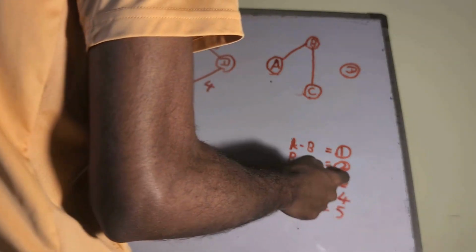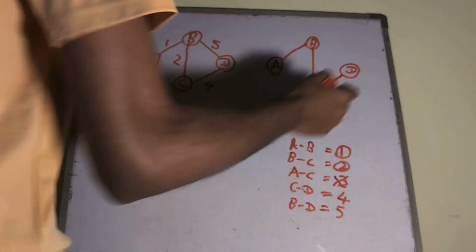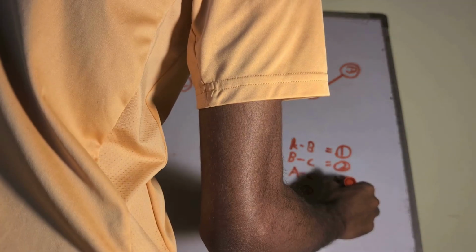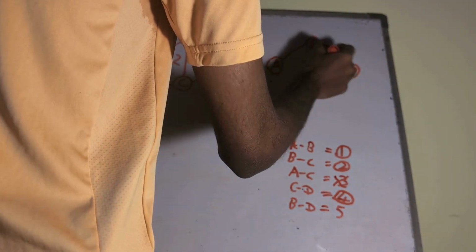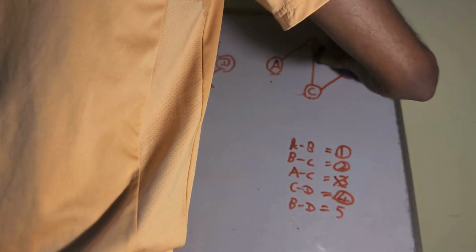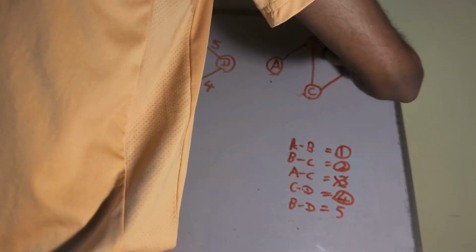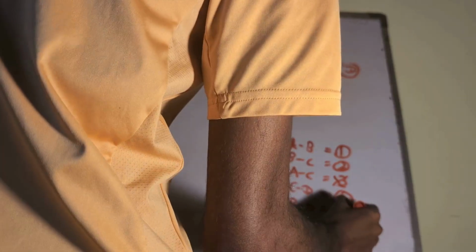Next one is 4, which is CD. You can use CD, no circle is created. After that, 5 is BD. It cannot be used because a cycle is created, so you cannot add the BD edge.